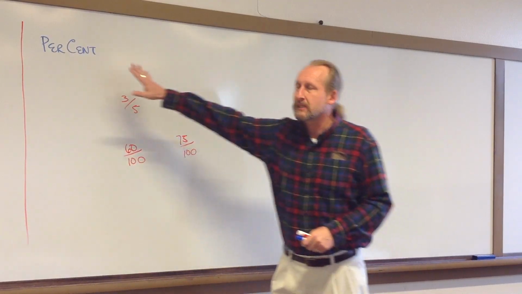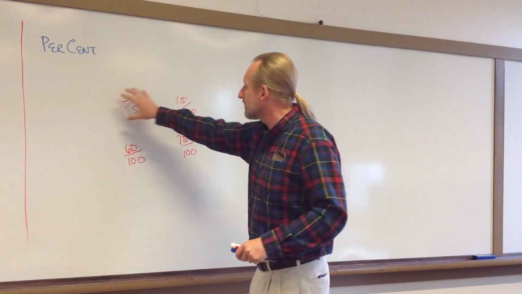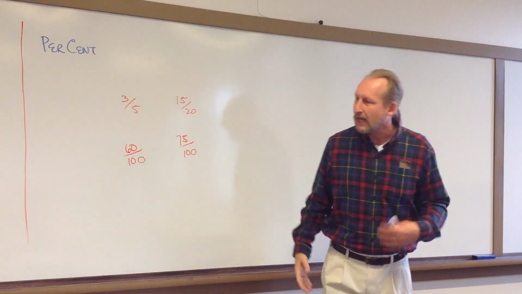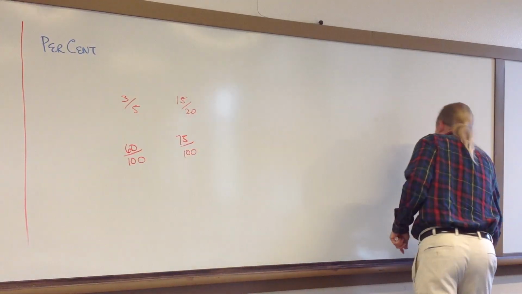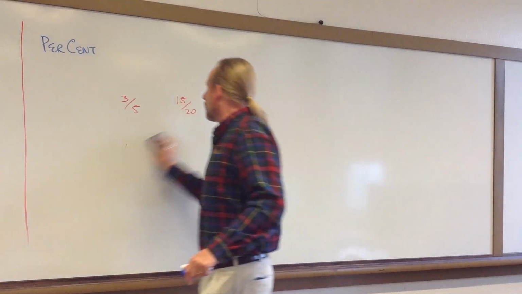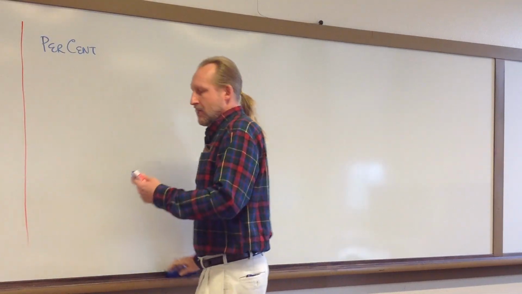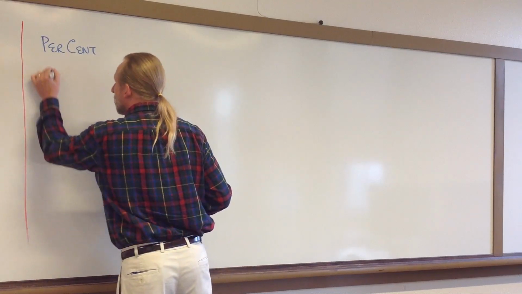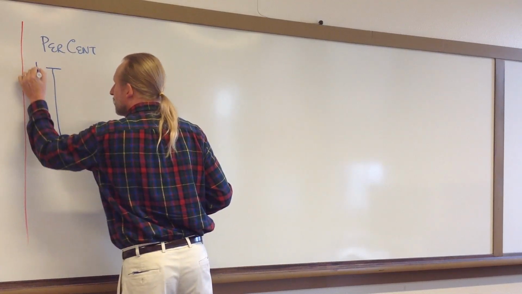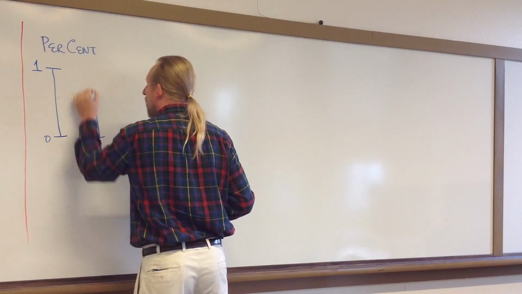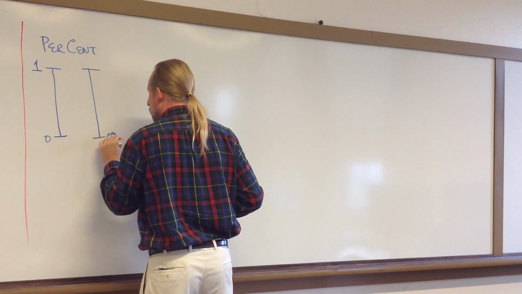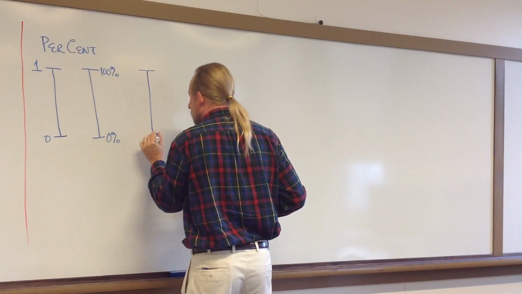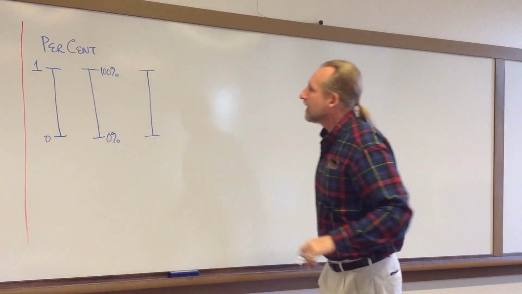So that's what the percent does: it takes things that are different and compares them to the same thing, out of 100. Another way to think about this is on a scale. If you've got a scale from 0 to 1, from 0% to 100%, and this would be the thing you were comparing.